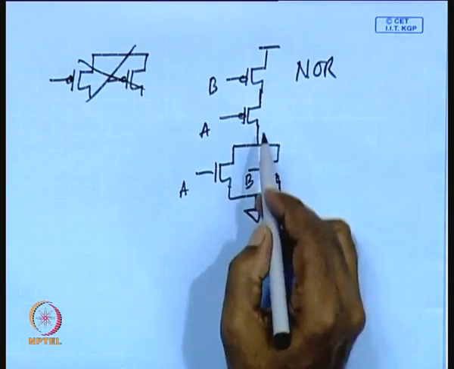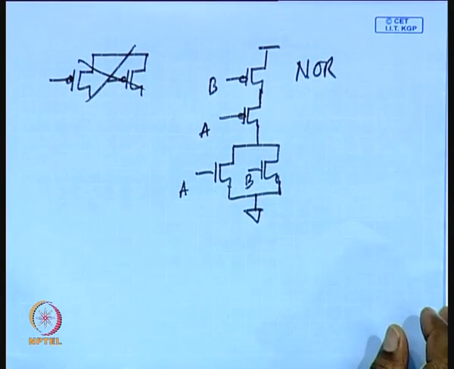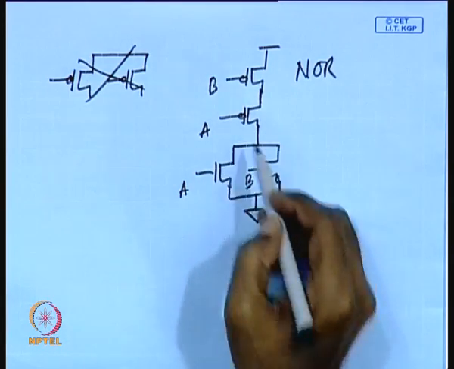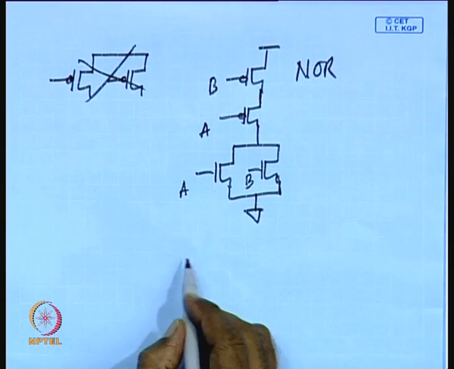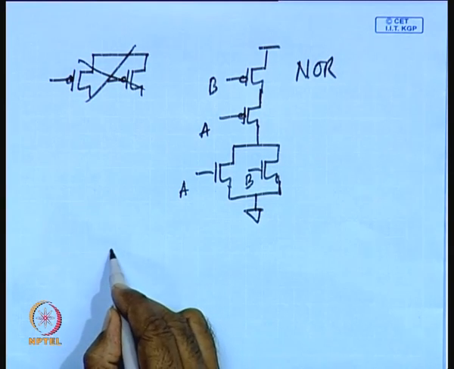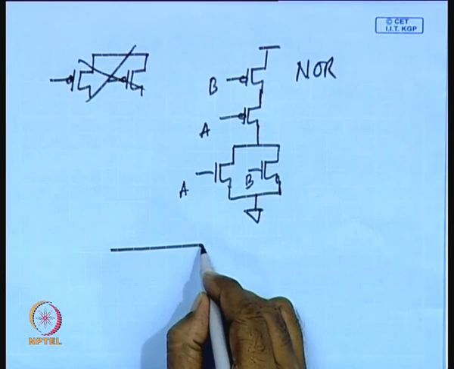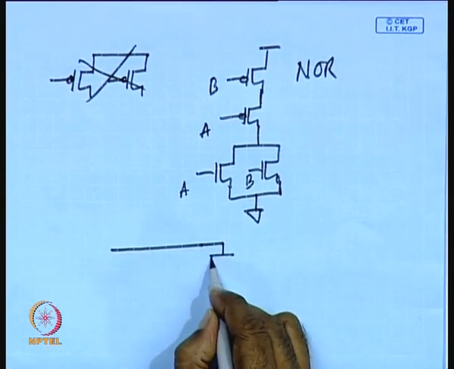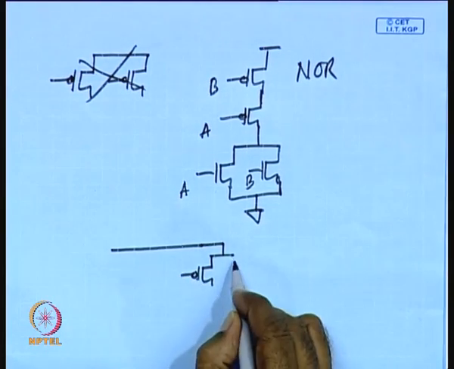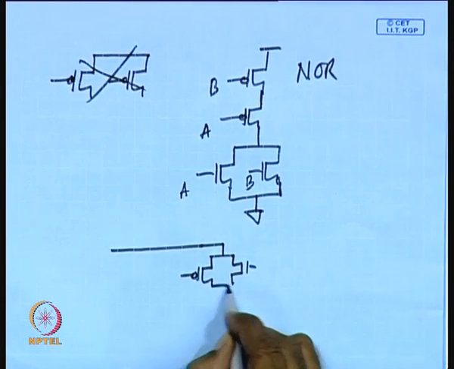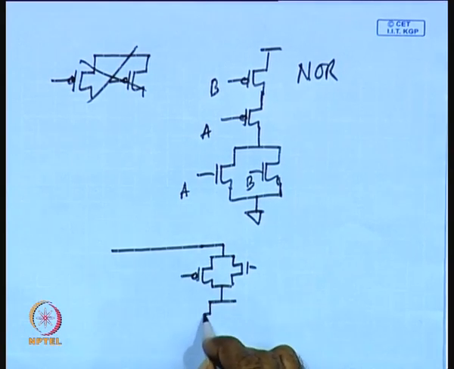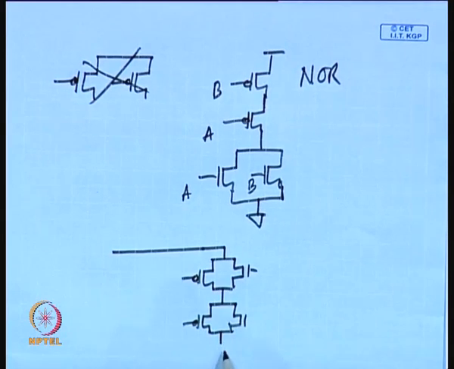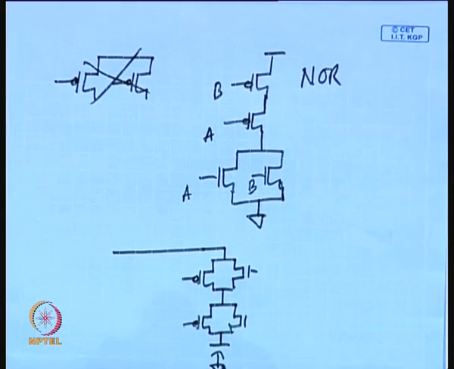So, you have to replace each of these transistors by a transmission gate. Let us consider this part. Here you have got 2 PMOS transistors in series. So, you will put 2 transmission gates in series, and this will drive a capacitance.